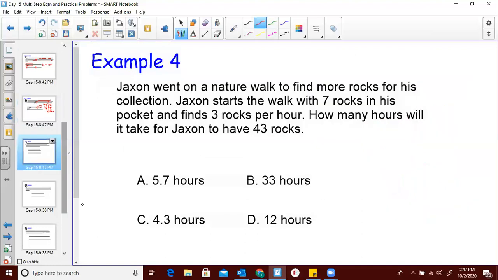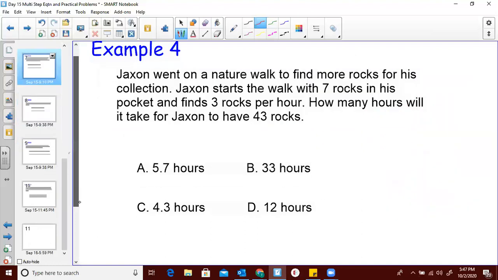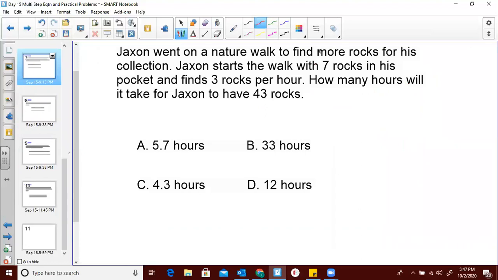All right, example 4. Jackson went on a nature walk to find more rocks for his collection. He starts the walk with 7 rocks in his pocket and finds 3 rocks per hour. How many hours, that's our variable, will it take Jackson to have 43 rocks?